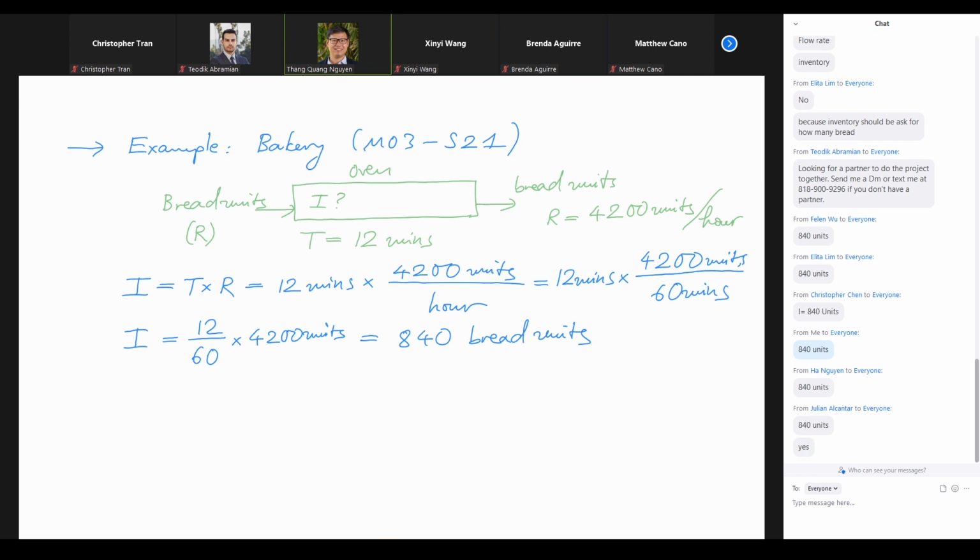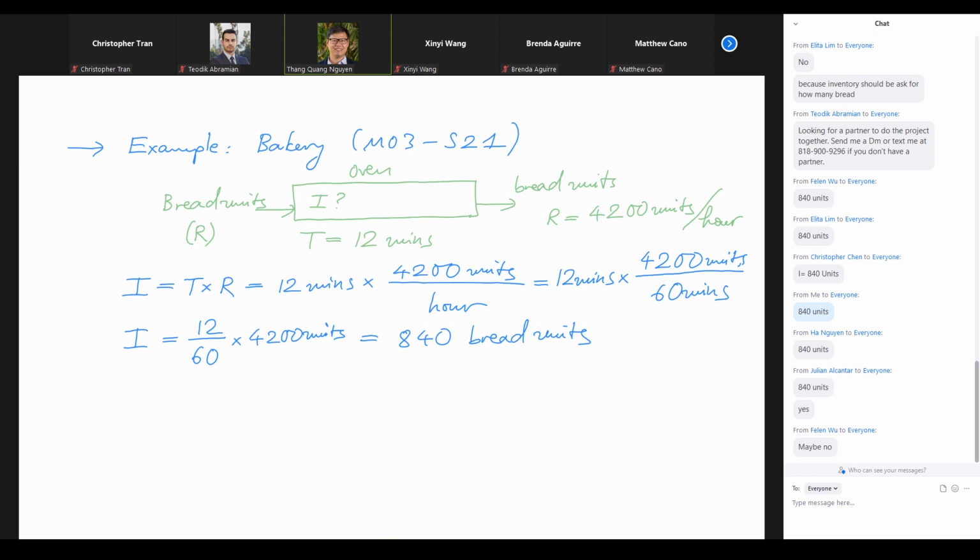So I got the first answer from Julian. You say yes, Julian. I hope that you just say that we would need to have an oven of 840 units. In that sense, your answer is correct. But then the answer is we should not buy a very wide and deep, very large oven like that. And here's the reason.